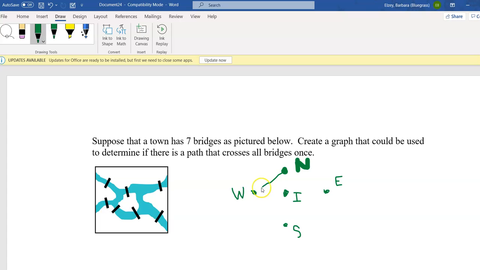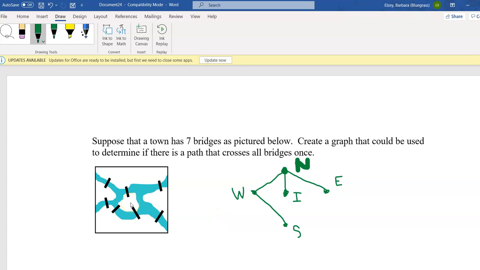So we'll have a single bridge. All right, from the north to the island, there's also a single bridge. And then from the north to this east landmass, there's a single bridge. Now let's also note, let's start right here. From this west landmass, there's a bridge down to the south.